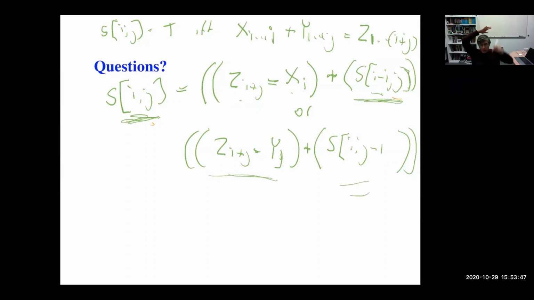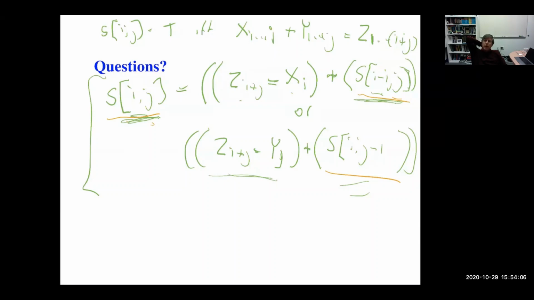Does everybody kind of see that this condition does the test that I want recursively? It is recursive because notice here's S, here is S, and here is S. Any questions about this?